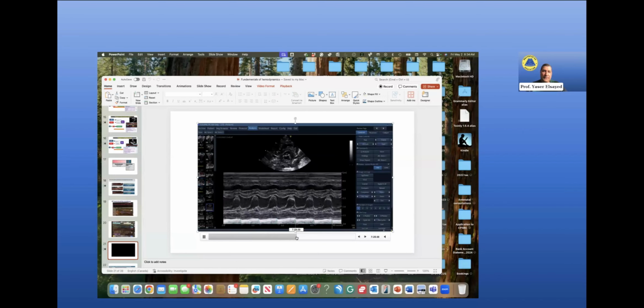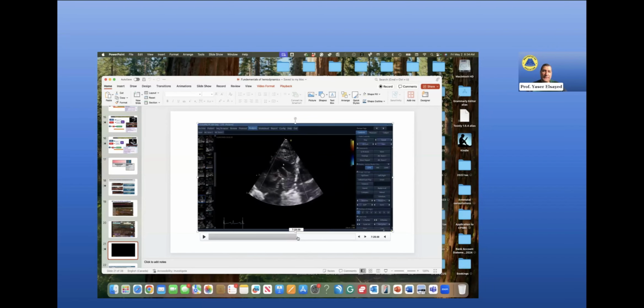And the PDA in this, and also you can see here in the M-mode, the anterior wall of the right ventricle is not contracting well. And also the posterior wall of the left ventricle is flat. And the calculated fractional shortening was, I think, 18. And here you have the PDA, huge PDA, right-left shunt.